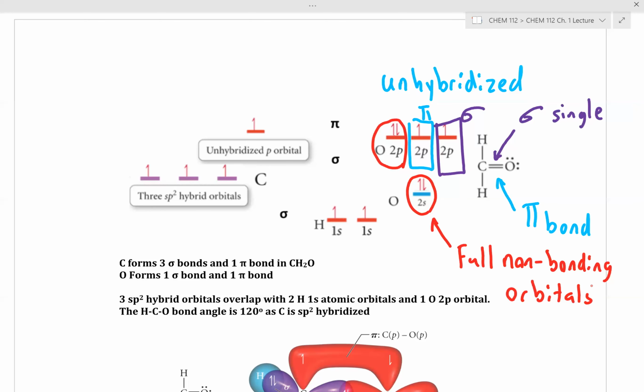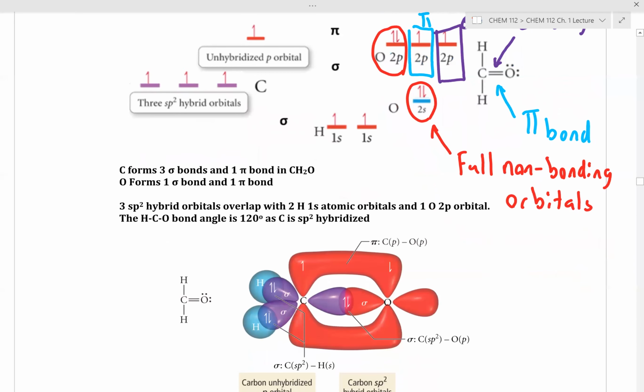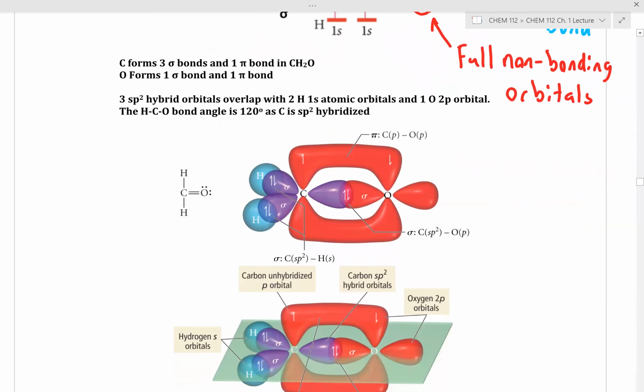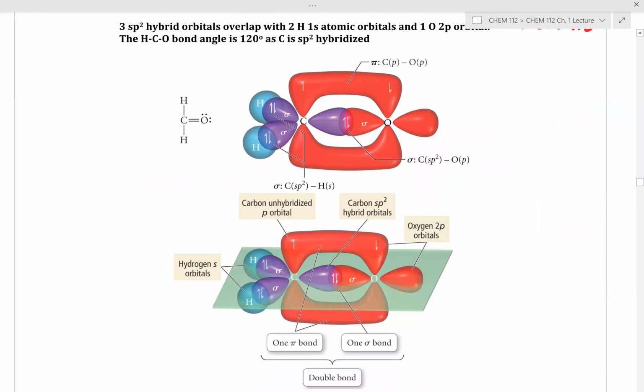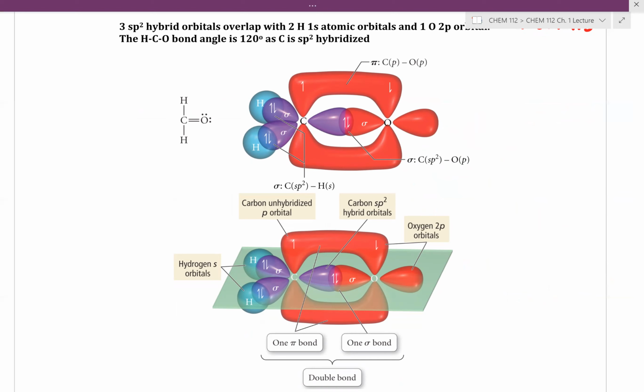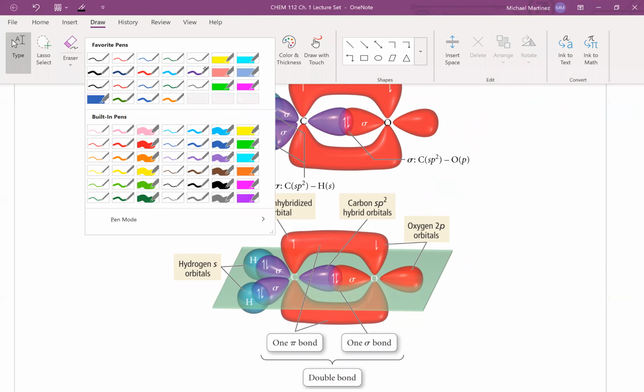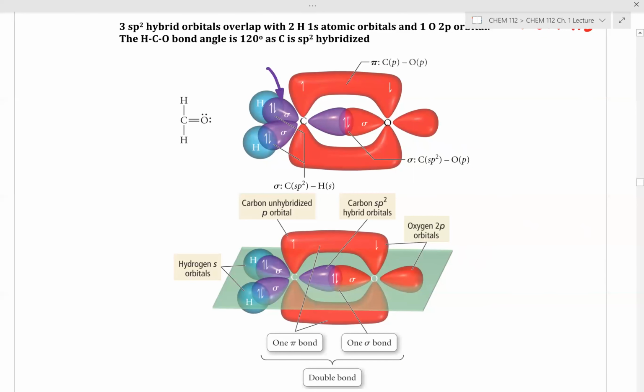So let's look again at our orbital picture, and let's just talk a little bit about each of the orbital overlaps. So looking at formaldehyde, as our carbon is adopting an sp2 hybridization, let's label these hybrid orbitals so that we can get a little bit more detail.